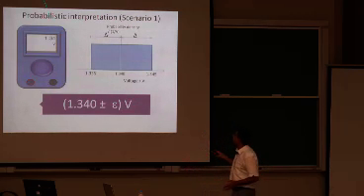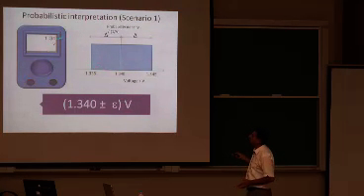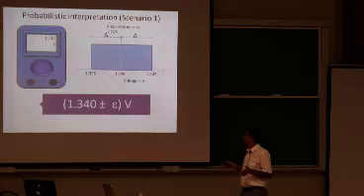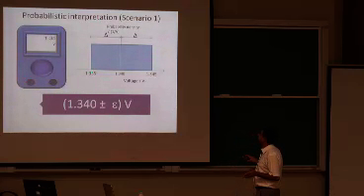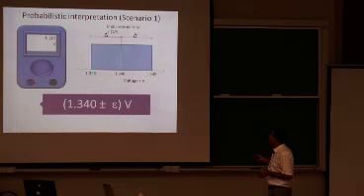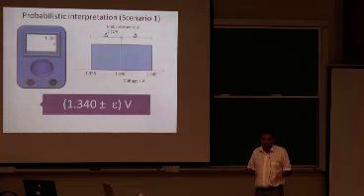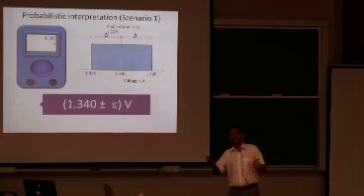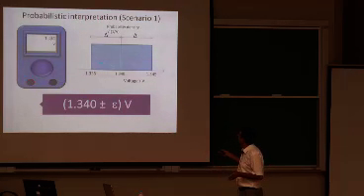So in this particular case, this 1.34 volts could in fact be any number that ranges between 1.335 and 1.345. Because if you look at all the numbers inside this range and round them off, you will get 1.34 volts. And you're equally uncertain about all the values that lie within this range.